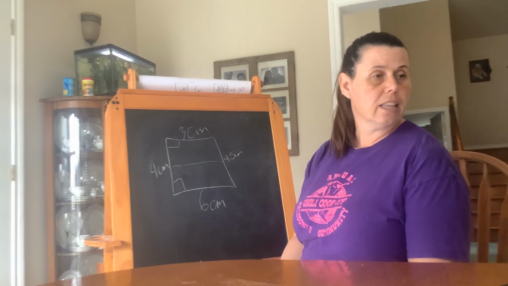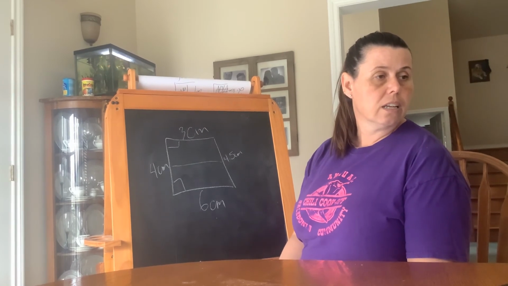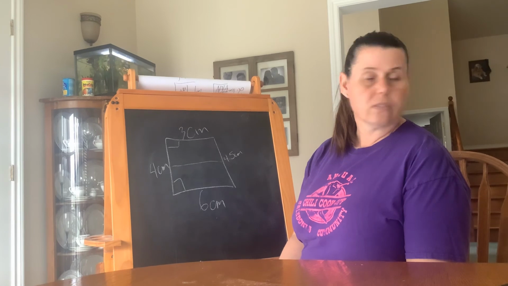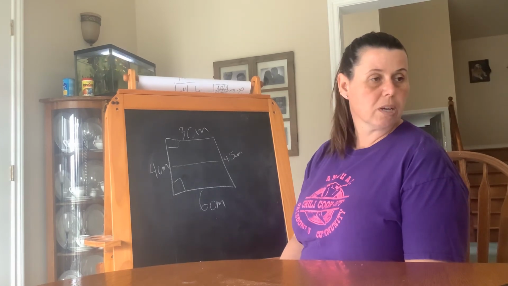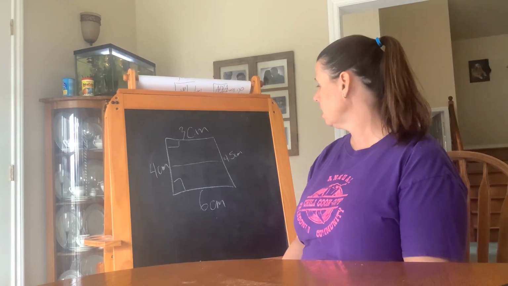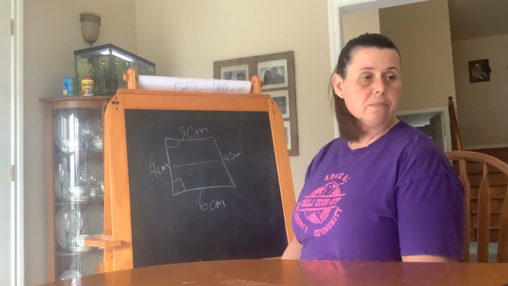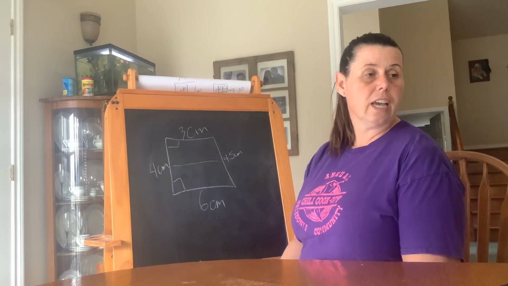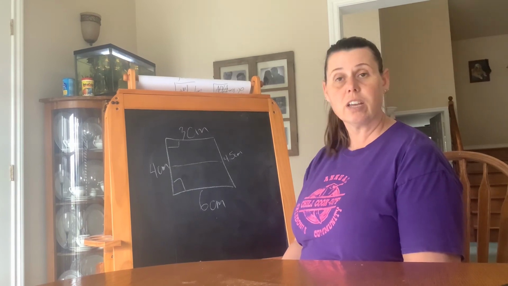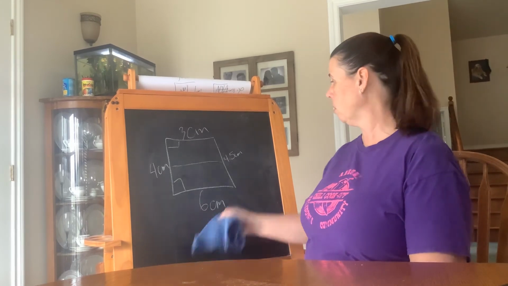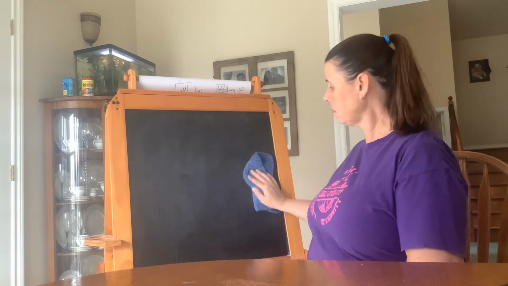Okay? And then let me just double check my answer. 4.5 times 4. Yep, I'm good. I did it. And then the last, so go do that question. Then we'll talk about the bonus question and we're done for today.